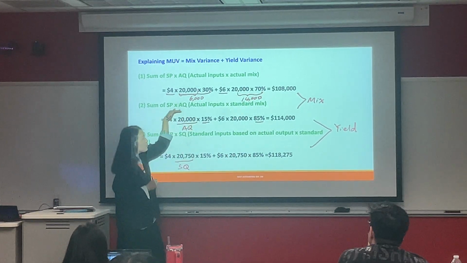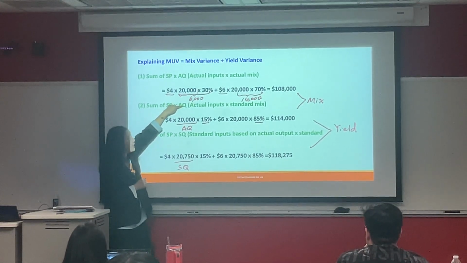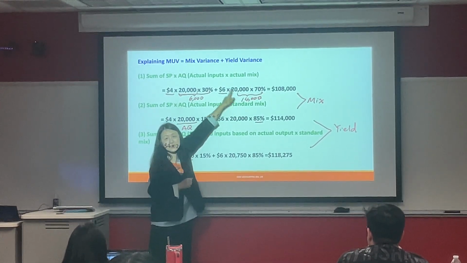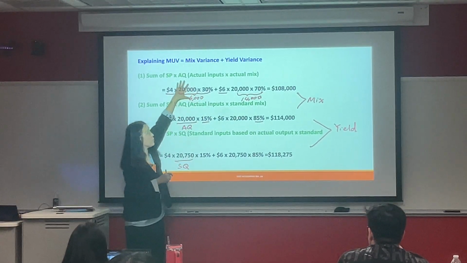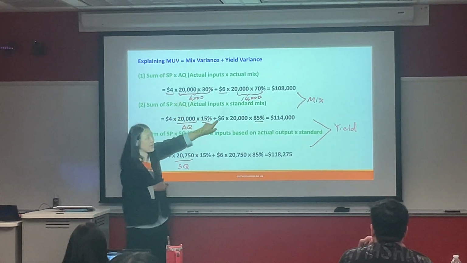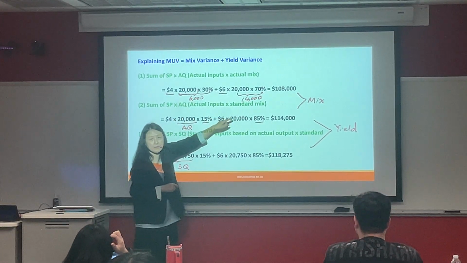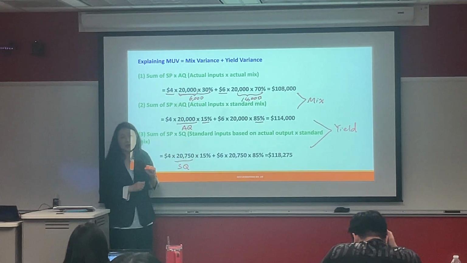So I put something in between. I hold the AQ unchanged and only change the actual mix and standard mix. That gives me the difference due to mix, and then the rest is only because of AQ and SQ.